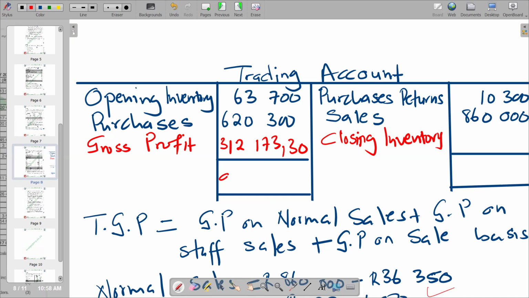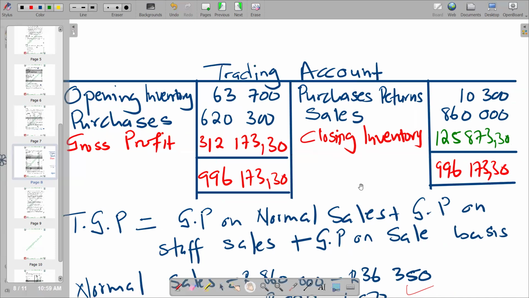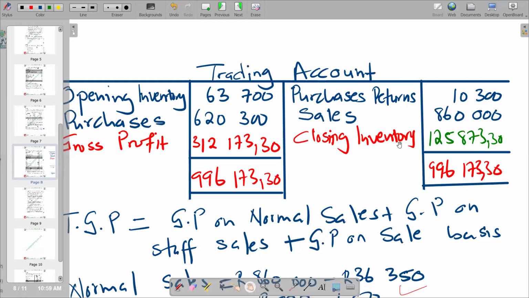So if you add, you're going to get a total of 996,173 rands 30 cents. So from there, we can subtract our 996 from the credit side, sorry, and then we get our balancing figure, our closing inventory, which is 125,873 rands 30 cents. So basically, this becomes your closing inventory.